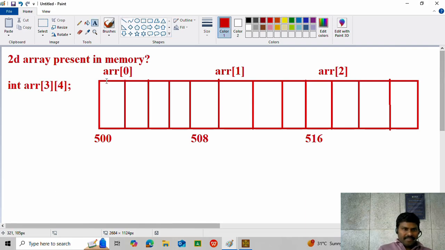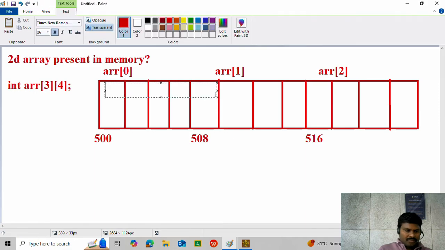Here I am writing the indexes: 0, 1, 2, 3.